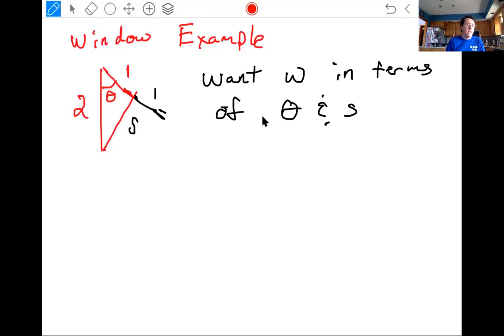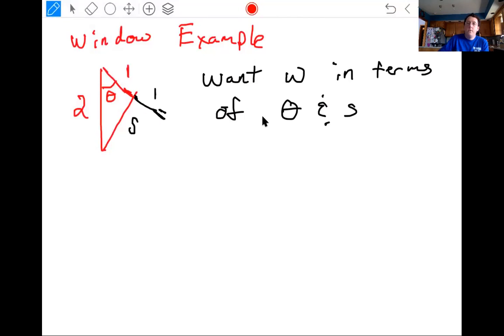That's really not going to have anything to do with the problem. So when the window is fully closed, so when the angle is 0, I know that S equals 1.